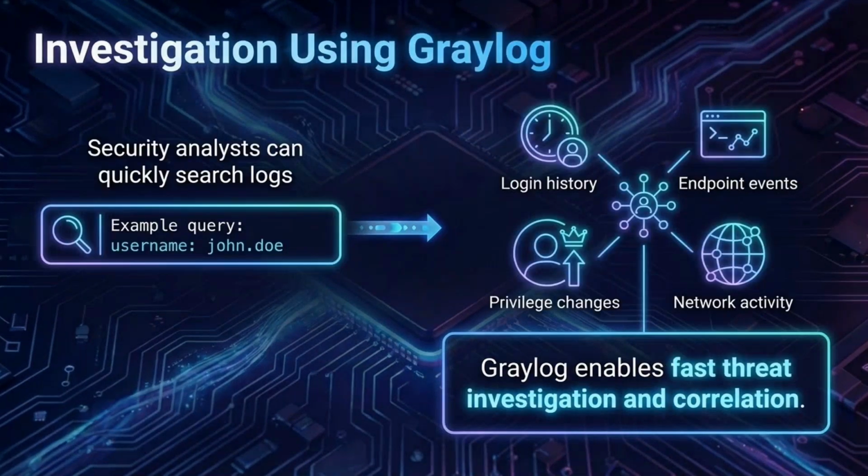There will be login history, endpoint events, how the privilege got escalated, all the network activity. So you just simply go to search. For example, this John account is being stolen. You search by John, and for that period of time it will show all the events. Then you do some filtering. Very easy. You can investigate through Graylog.